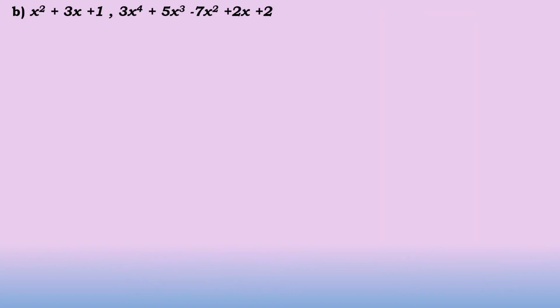The next problem is x square plus 3x plus 1 and 3x to the power of 4 plus 5x cube minus 7x square plus 2x plus 2. So again, let's do the division. So our dividend is 3x to the power of 4 plus 5x cube minus 7x square plus 2x plus 2.